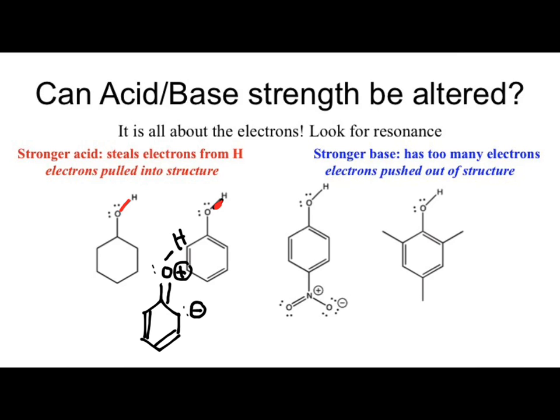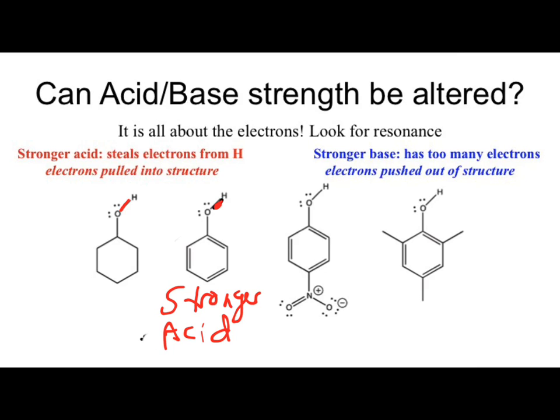It's more polar, meaning that hydrogen is more acidic. It's closer to being H+. What does that mean? This structure is a stronger acid than our standard alcohol. It's a stronger acid than this one.